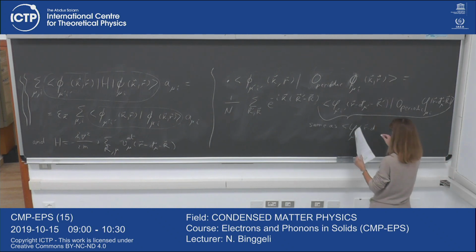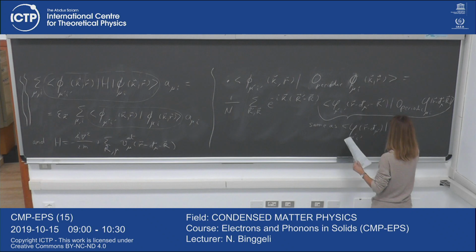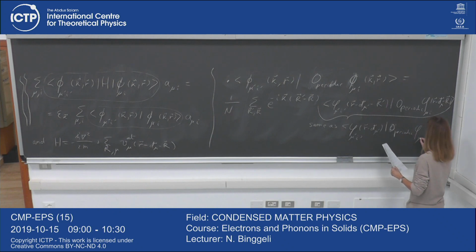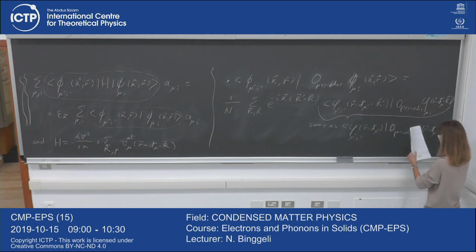at the origin, d mu prime. The periodic operator times the atomic wave function centered on the atom mu in the cell r minus r prime.